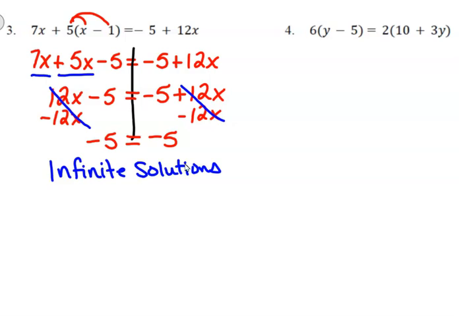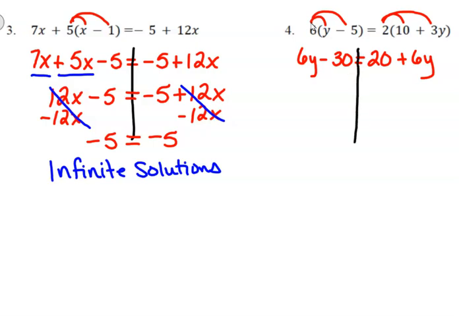And so if I take the same process to question 4, we distribute first. 6 times y is 6y. 6 times negative 5 is negative 30. 2 times 10 is 20. 2 times 3y is 6y. So this time, here's your equal sign. There are no like terms on the same side, so now we have to do the like terms that are on opposite sides.